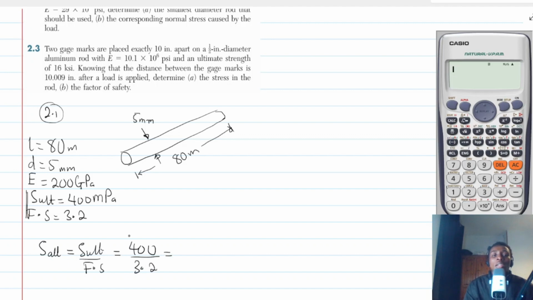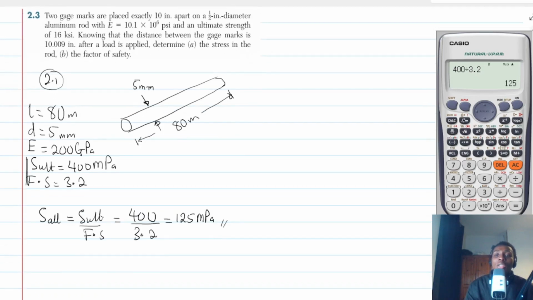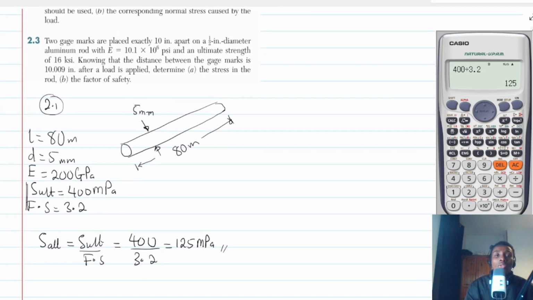Whenever you have a factor of safety, your allowable strength is your design strength divided by your factor of safety. If I divide 400 by 3.2, I will get 125, and that is the one I will use in my calculation. Since the allowable strength is 125, that is the strength of the material that we are going to use.